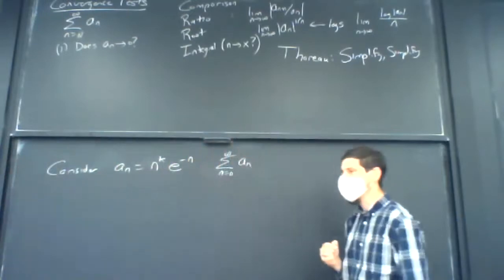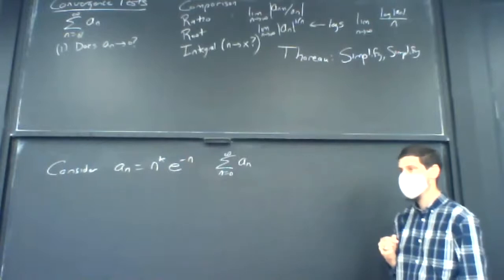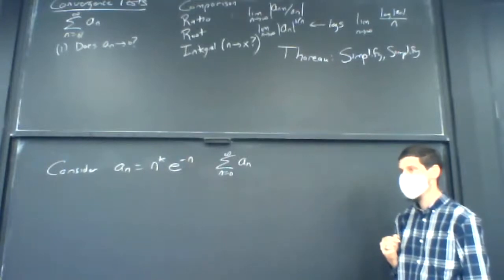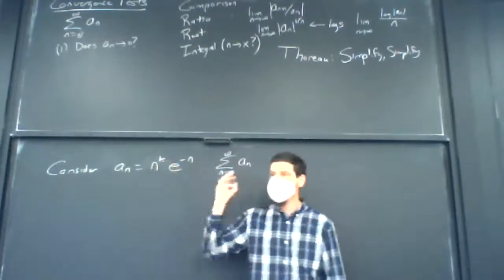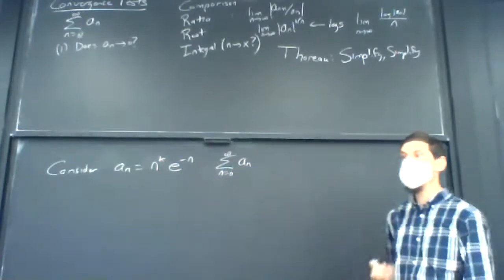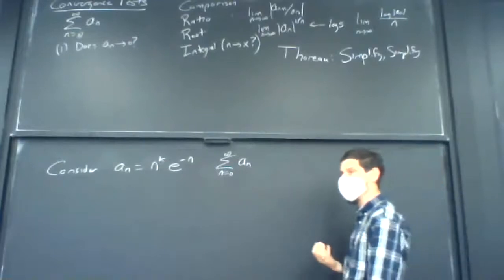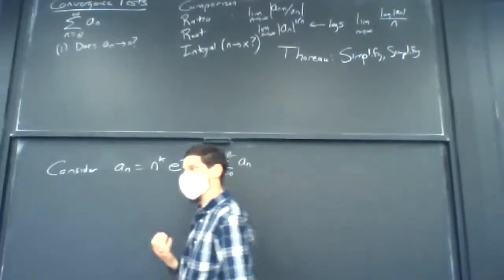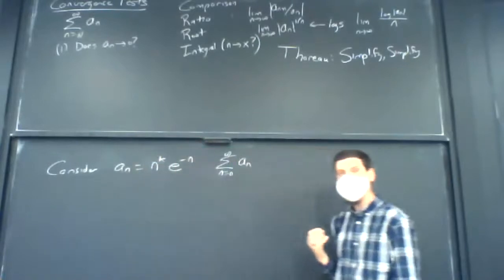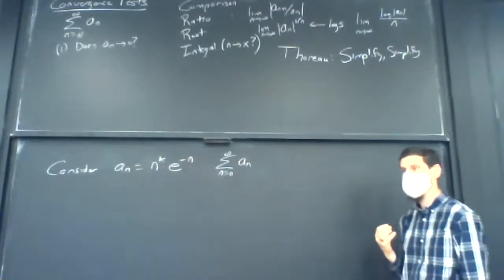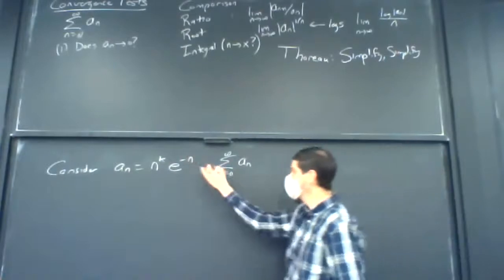Okay, so why might that make it diverge? So when you look at n to the k e to the minus n, which part gives you a thought that maybe it diverges because n is going to infinity? Yeah, the n to the k, maybe that's growing very, very large. What makes you think it might converge? The e to the minus n.